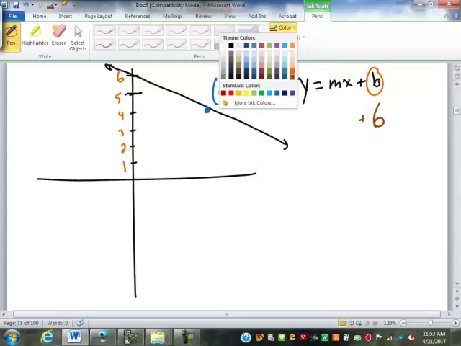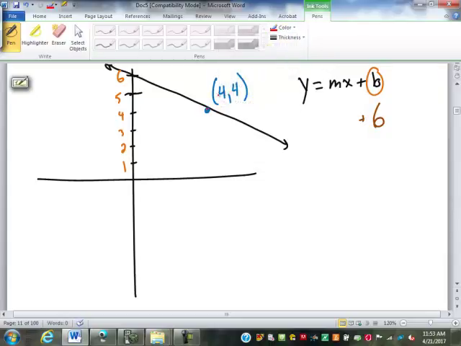Now our slope, we're going to have to use this point, 4,4. Now there's two ways I could do that. I can draw in the triangle here and get that my rise, I actually go down to -2. And my run is 4. So that's a slope of -2 over 4, which can be reduced.